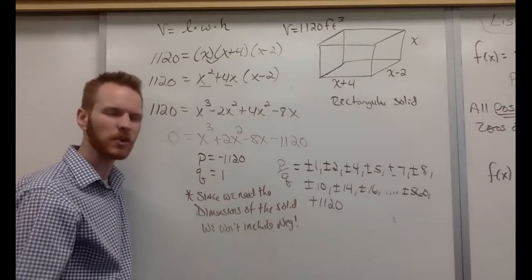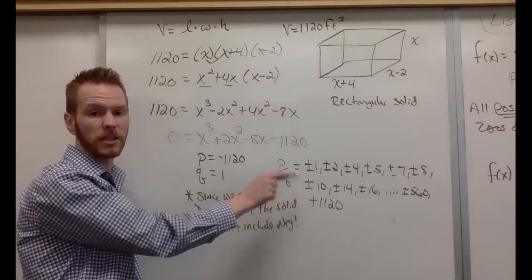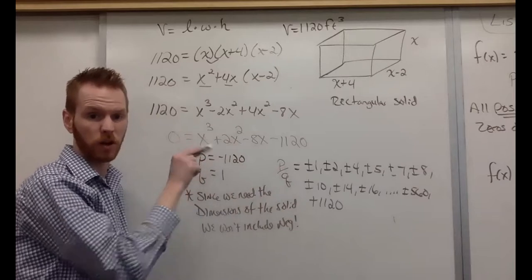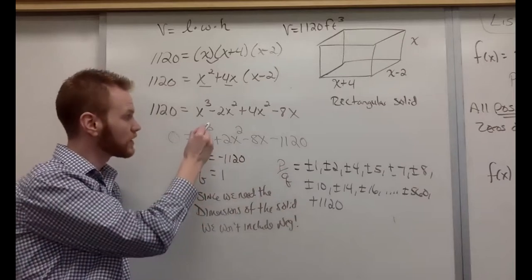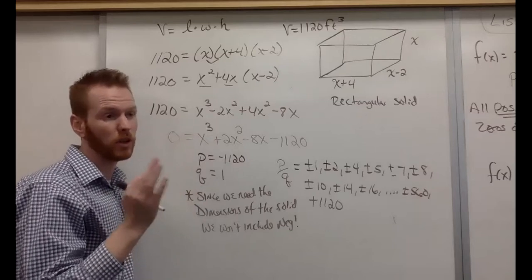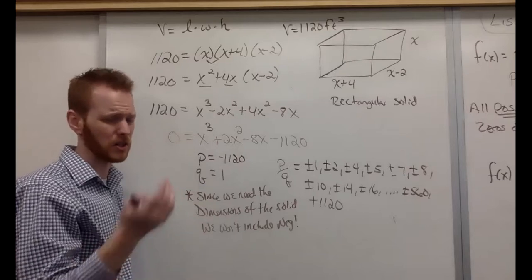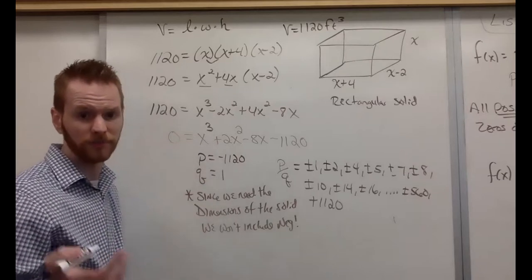So what else could we do? Because here's the thing, could we have more than one of these positive values make this work? We can. Since this is third degree, we will have 3 answers. We don't know if they're real or imaginary, but we don't want imaginary in this problem. So what could we do? I'm glad you asked.